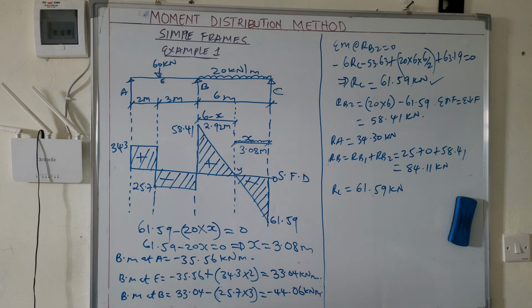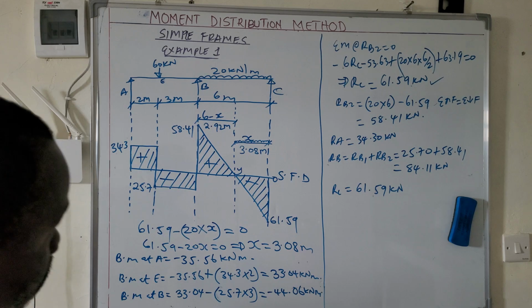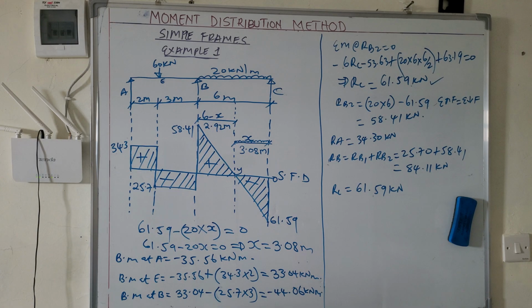Then you go to bending moment at Y. Let me wrap this to create a space.